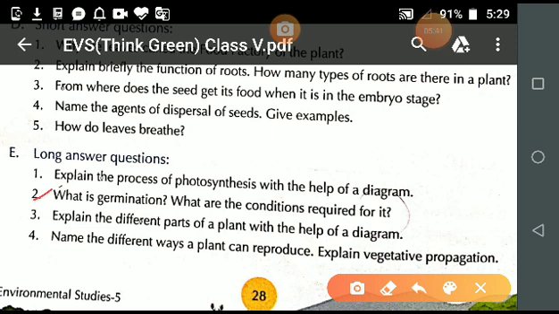There are some conditions required for germination, like air, water, right temperature, sunlight. And students, if all these conditions are satisfied, then only a baby plant comes out from the seed.